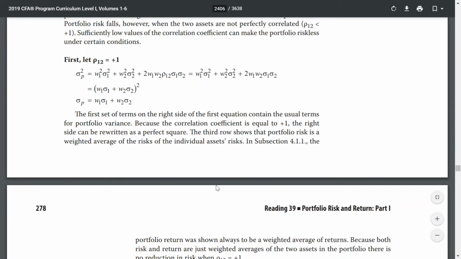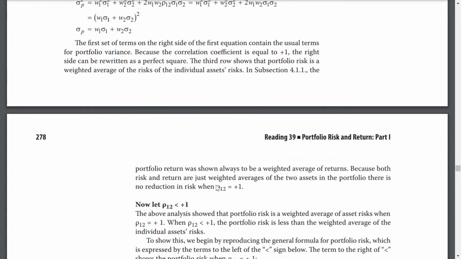The first set of terms on the right side of the first equation contains the usual terms for portfolio variance. Because the correlation coefficient is equal to 1, the right side can be written as a perfect square. The third row shows that portfolio risk is a weighted average of the individual asset risks.